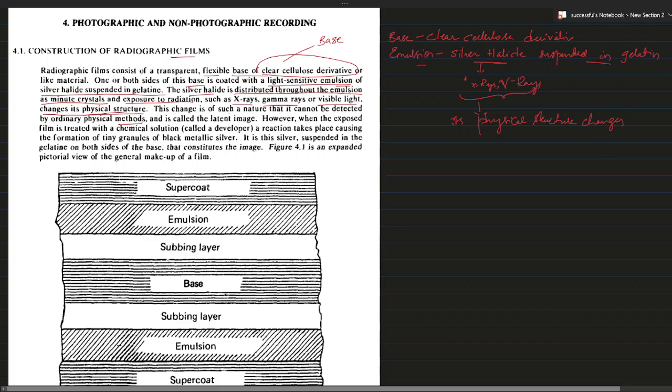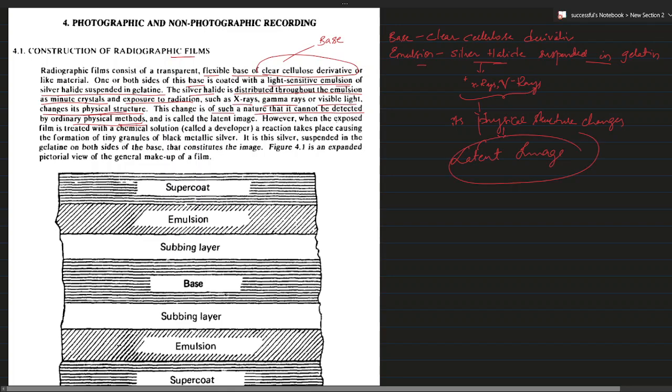This change is of such a nature that it cannot be detected by ordinary physical methods. This emulsion contains silver halide suspended in gelatin. Whenever it is exposed to X-rays or gamma rays, its physical structure changes, the silver halide physical structure. That means while seeing, you cannot see any change in the film, and since it cannot be seen, it is called latent image.